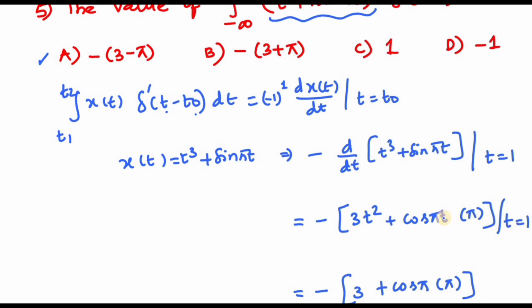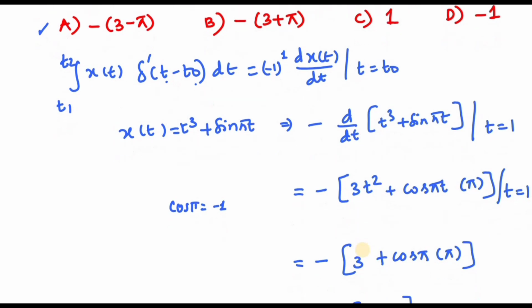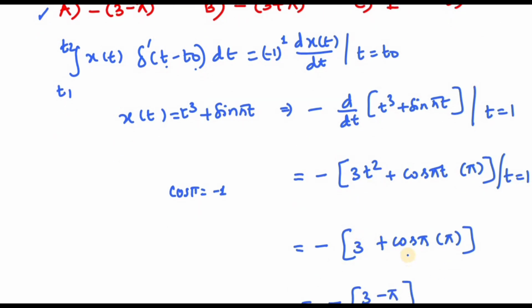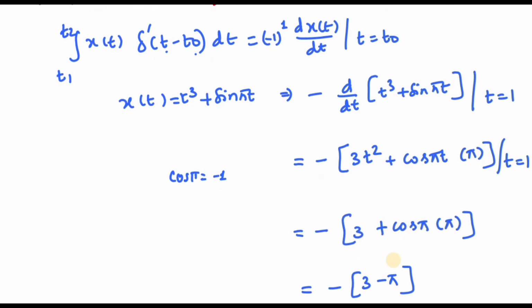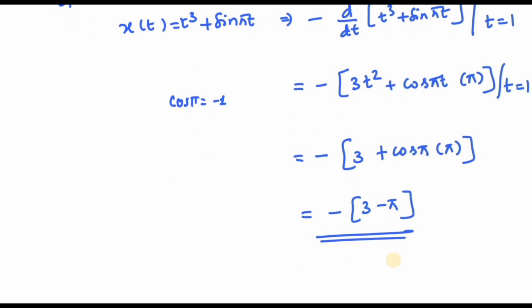So if I substitute t is equal to 1 here, what is cos pi? Cos pi value is equal to minus 1. So I will get 3, right? So answer is minus, if I take common, 3 plus cos pi into pi. Cos pi value is minus 1. So if I substitute, I will get minus 3 plus pi.